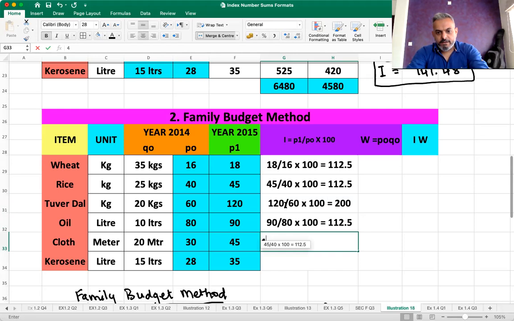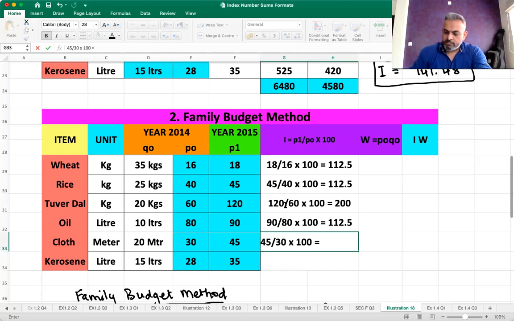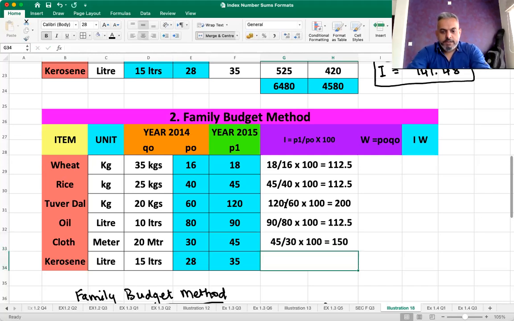And 45 divided by 30 into 100, 150. And 35 divided by 28, 5 by 4 into 100, 125. So now we have the index.